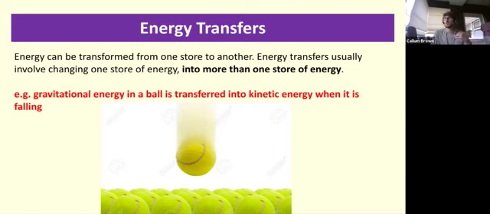In a car, if you're trying to slow down, you're applying a force to the brakes, which is transferring the kinetic energy of the moving car into thermal energy. But we don't want our tires to be warm. We're not going to go around afterwards and warm our hands up on the tires. That is a wasted store of energy. An example here is the gravitational energy in a ball being transferred into kinetic energy when it is falling.